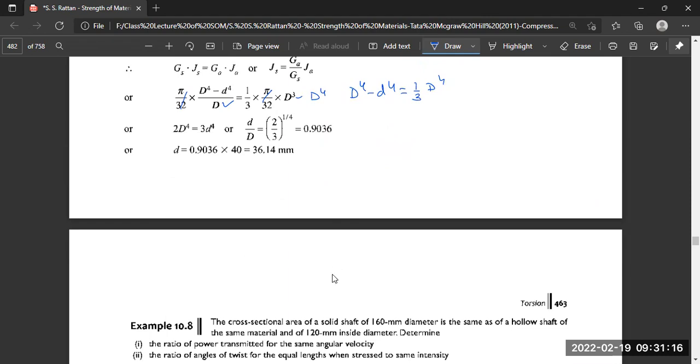Thus, the inner diameter of the steel shaft is 0.903 multiplied by the outer diameter, which is known as 40, so it is 36.14 millimeter.